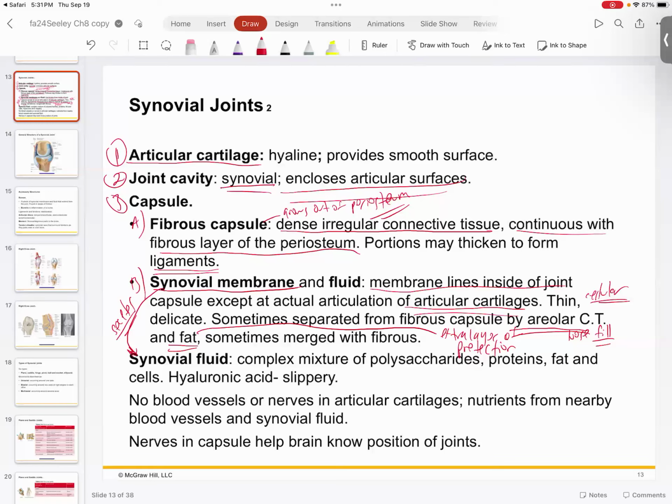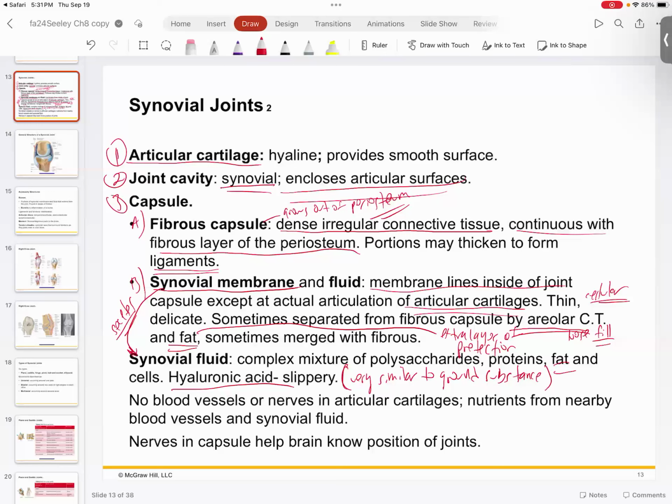And so synovial fluid is basically a mixture of stuff: polysaccharides, proteins, fat, and some cells, hyaluronic acid. Basically, this should sound familiar to you. Very similar to ground substance. Remember we were talking about ground substance?